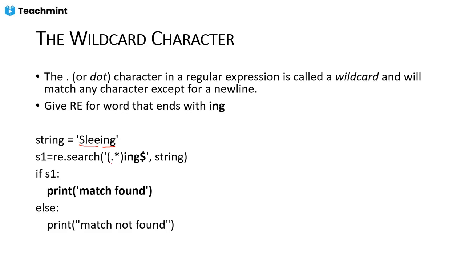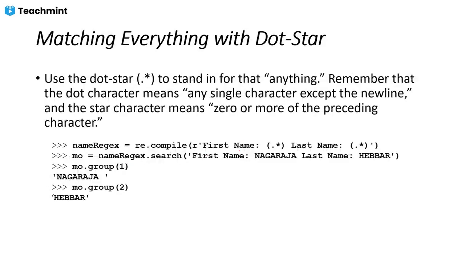Any number of characters, dot star, any number of characters, then ends with ing. Dollar is there. So dot star is for matching everything or anything; any single character except newline is considered.